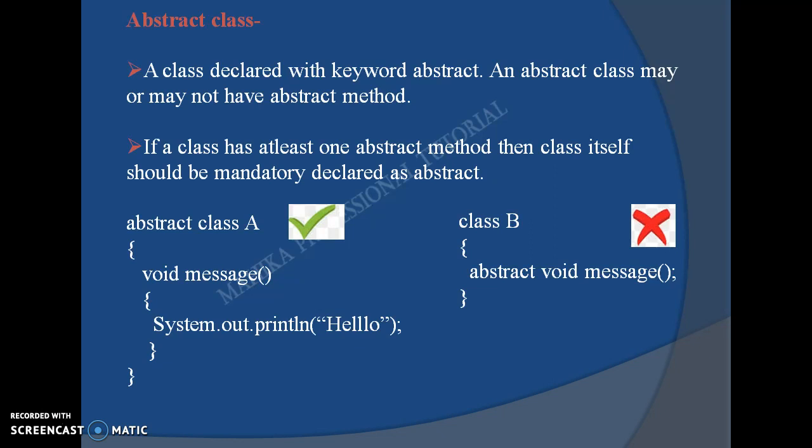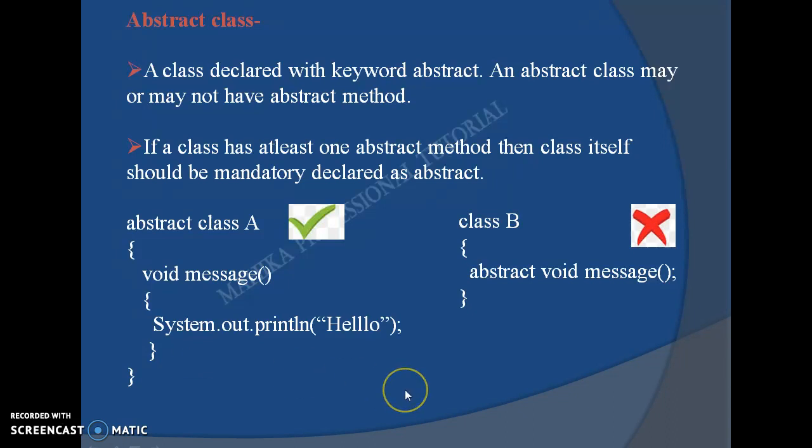That is, if I declare a class with the keyword abstract, but I do not give any abstract method inside it, let's suppose I am creating class A where I have not given any abstract method but I have declared my class as abstract, then this is syntactically correct.